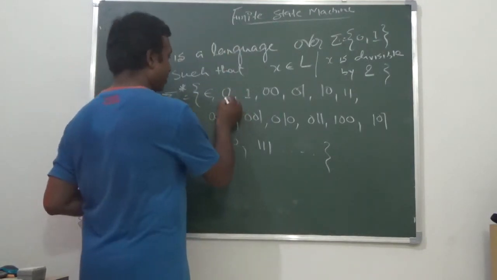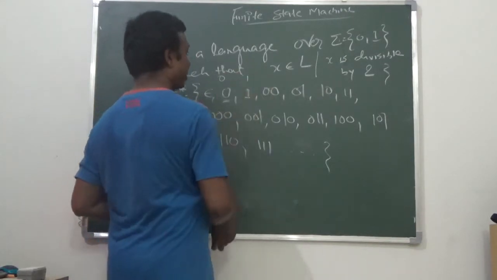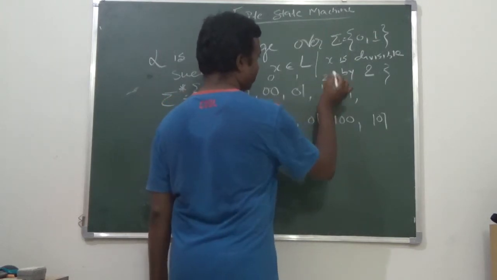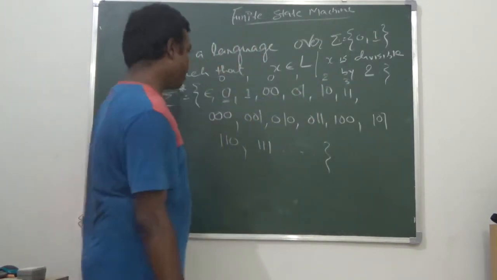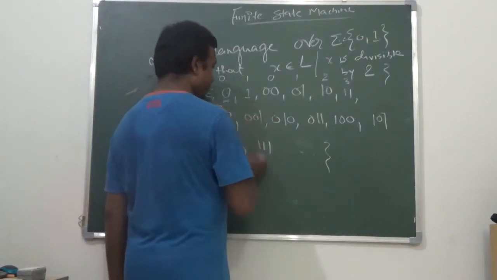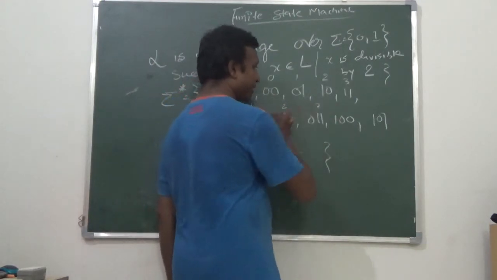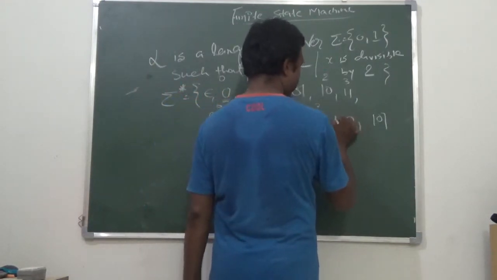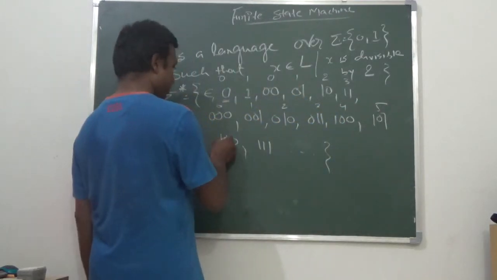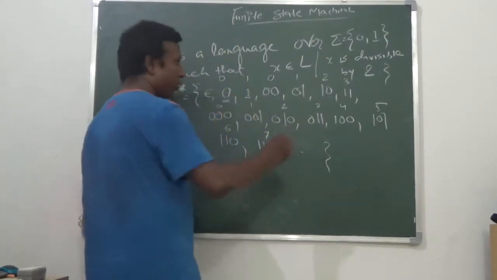So, if we think what these binary numbers are in decimal, this is 0, this is 1, this is 0, this is again 1, this is 2, this is 3 in decimal, this is 0 again, this is 1, this is 2, this is 3, this is 4, this is 5, this is 6, and this is 7, and so on.